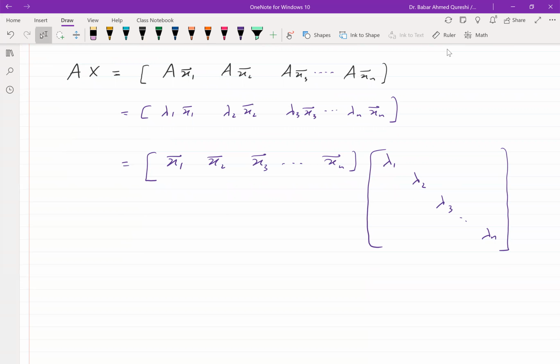Because remember, when I multiply this row with a matrix, I can think of it as making linear combinations: lambda 1 times the first row, then lambda 2 times this row, lambda 3 times this row. So I get this back. You can just do this matrix multiplication, you get this back.